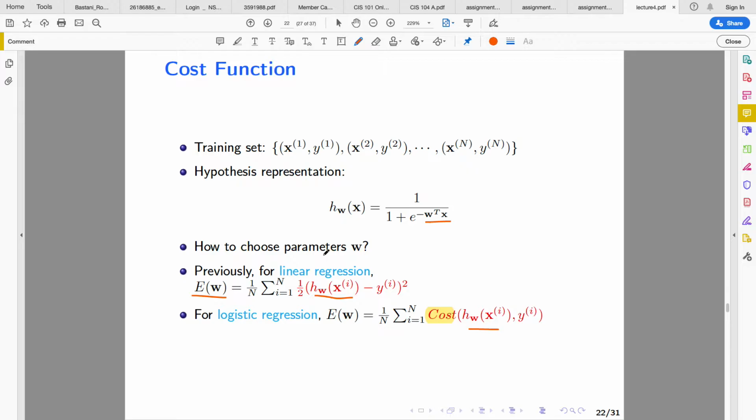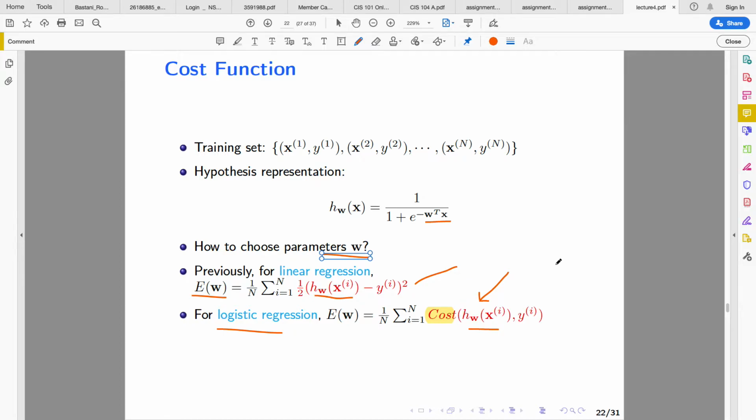Now, how do we choose our parameters W? Remember that when we calculate the total error, which is this E of W, for linear regression, this is the formula for calculating the total error in linear regression. In logistic regression, we introduce the notion of what is called the sigmoid function.